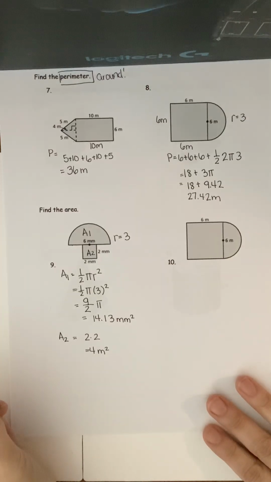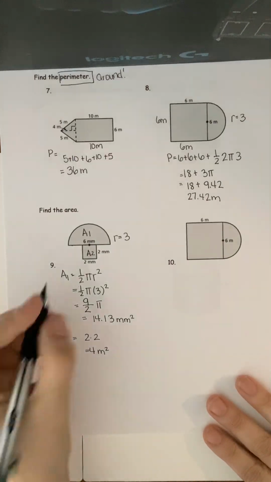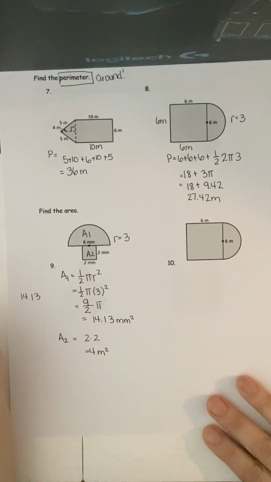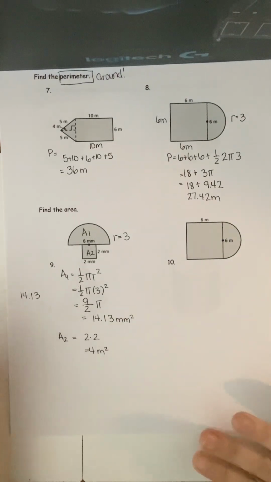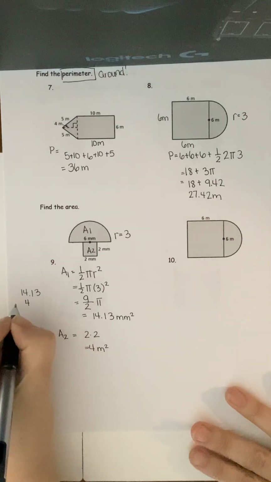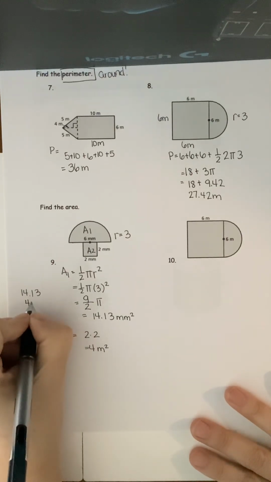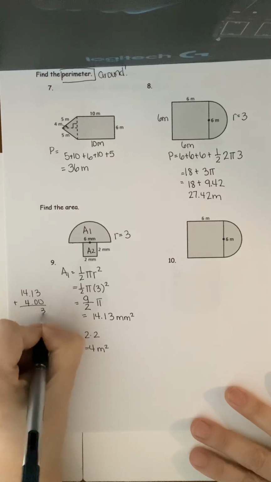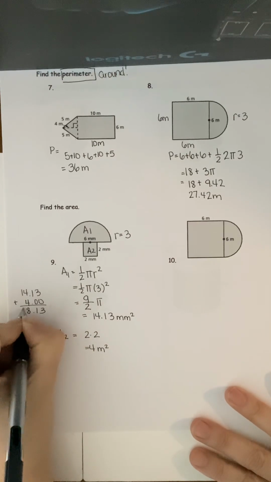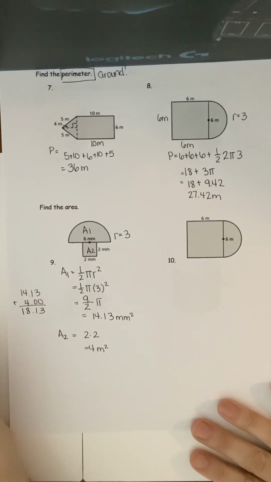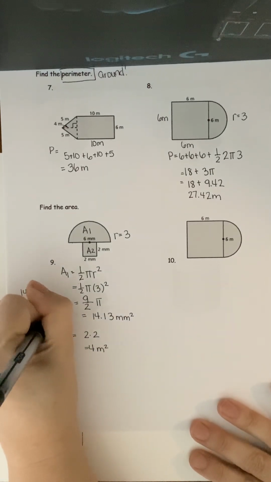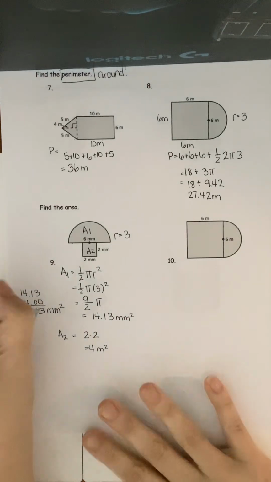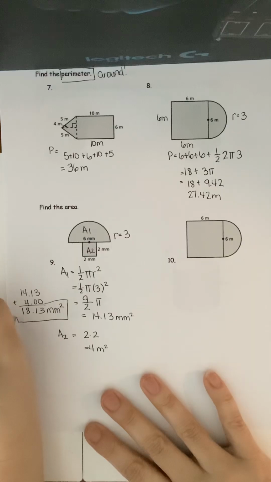We're just going to add those two together: 14.13 plus 4. Make sure they're lined up properly. Put 2 zeros. We add them up and we get 3, 1, 8, and 1. So we get 18.13 millimeters squared. That is the area for this mushroom looking shape.